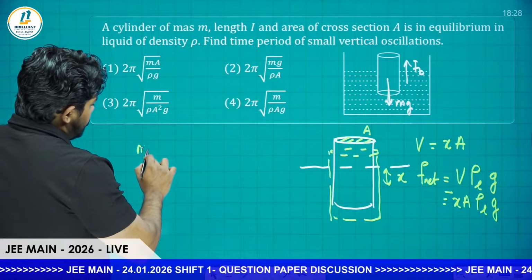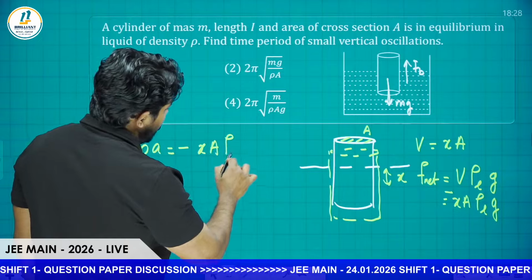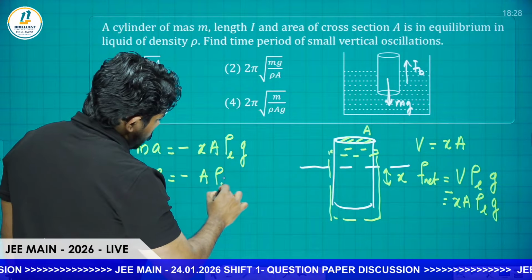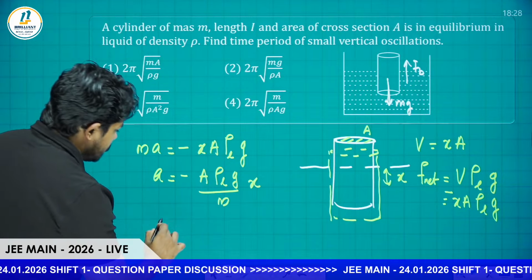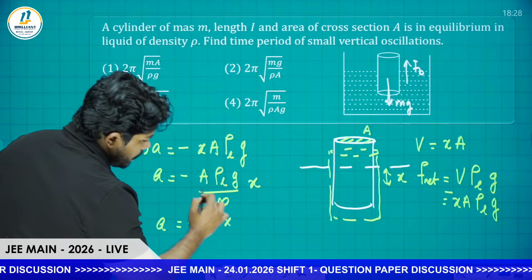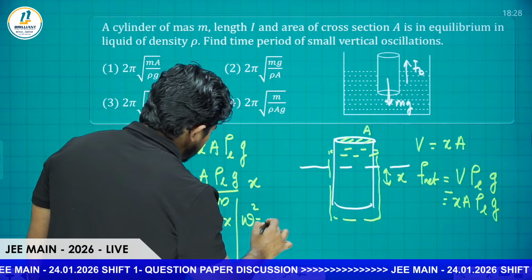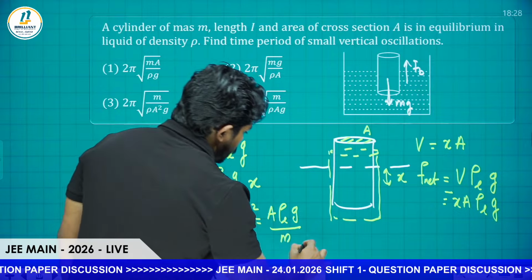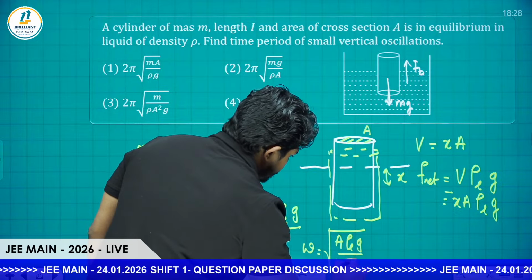So we are getting m times a is equal to minus x times A rho L g, where a is equal to minus of A rho L g divided by m times x. This will be of the form of the equation of SHM, which is minus omega square x. So omega square is nothing but A rho L g divided by m, and omega is equal to root of A rho L g divided by m.